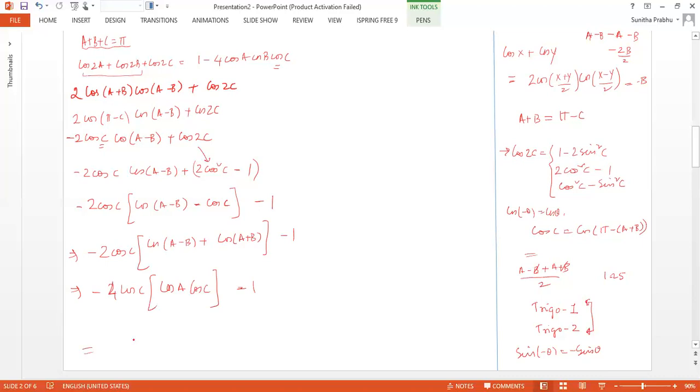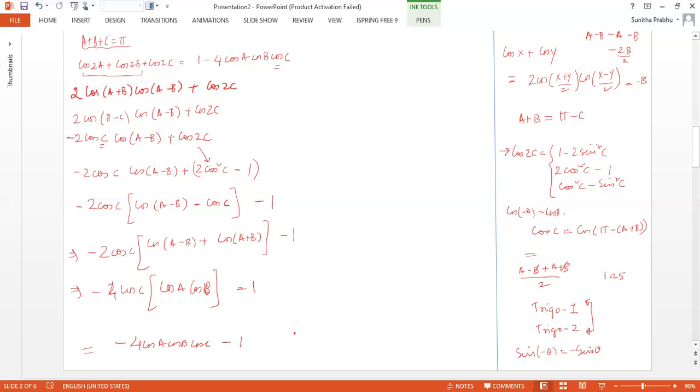So why is it cos C over there? Sorry, cos B, minus B, so it is cos C. So what do I have now with me? I have minus 4 cos A cos B cos C, and I have a minus 1.